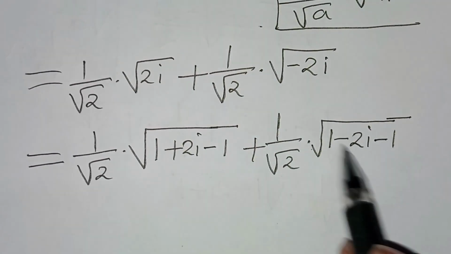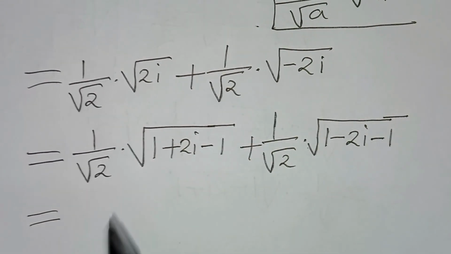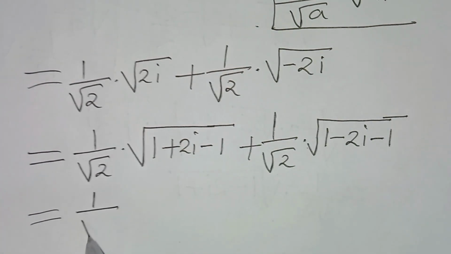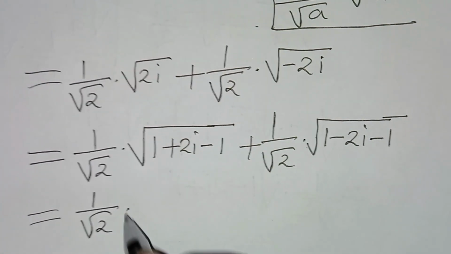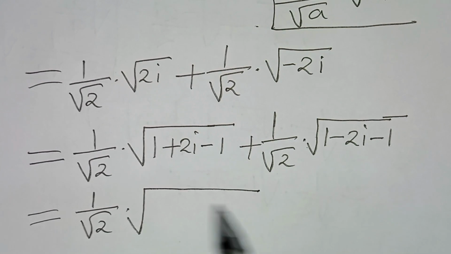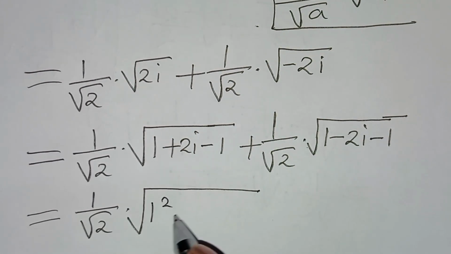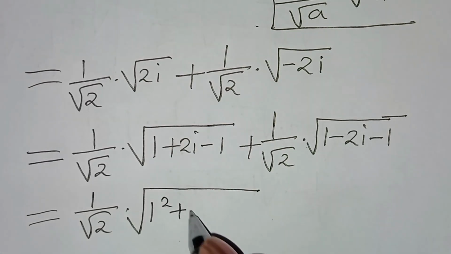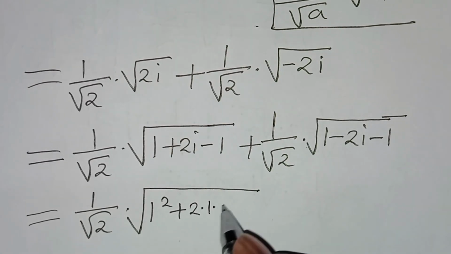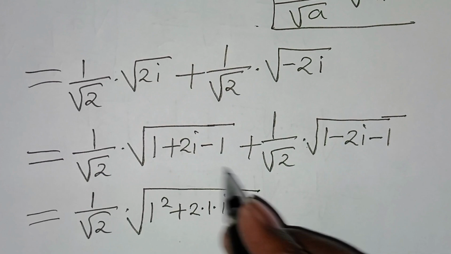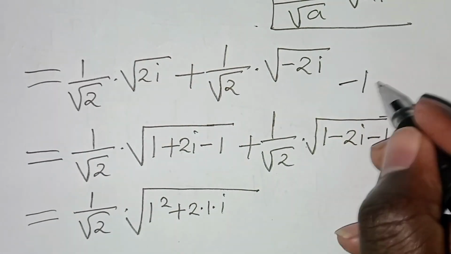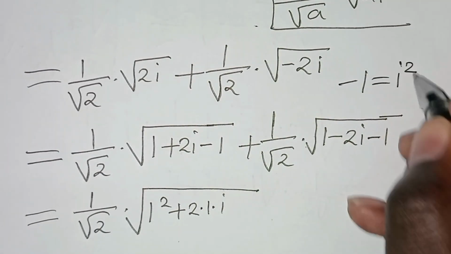So now, the next step here, we have 1 over square root of 2 multiplied by, now here we can express this as 1 squared plus 2 times 1 times i, and negative 1 can be expressed as i squared.